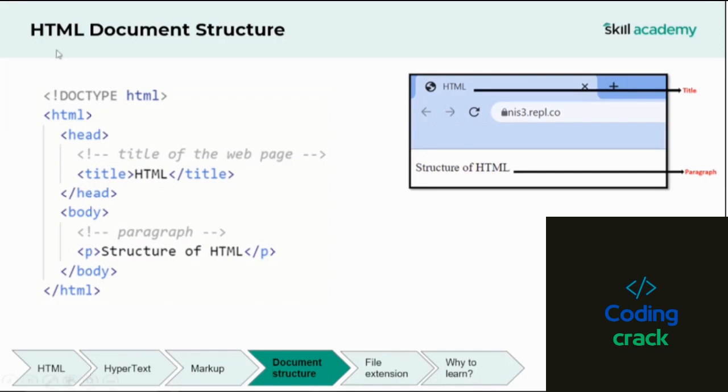First of all, let's get started with the doctype HTML tag. This tells your browser that you are going to use HTML5. How does your browser come to know whether we are using HTML5 or HTML4, HTML3?